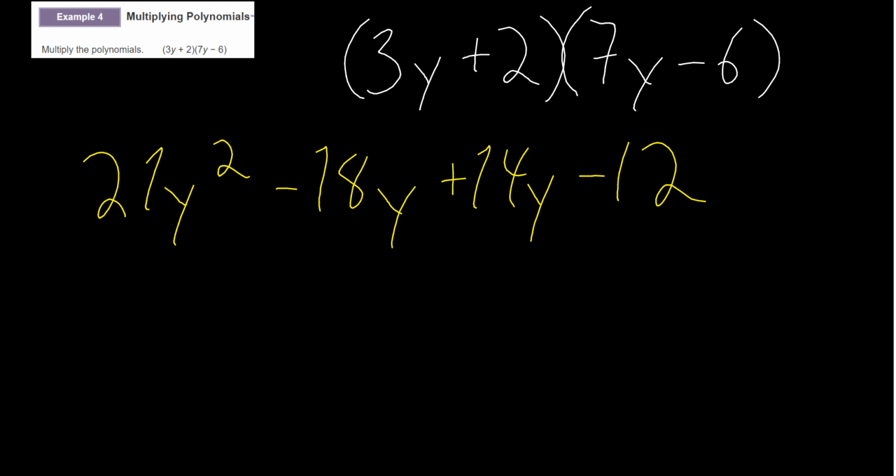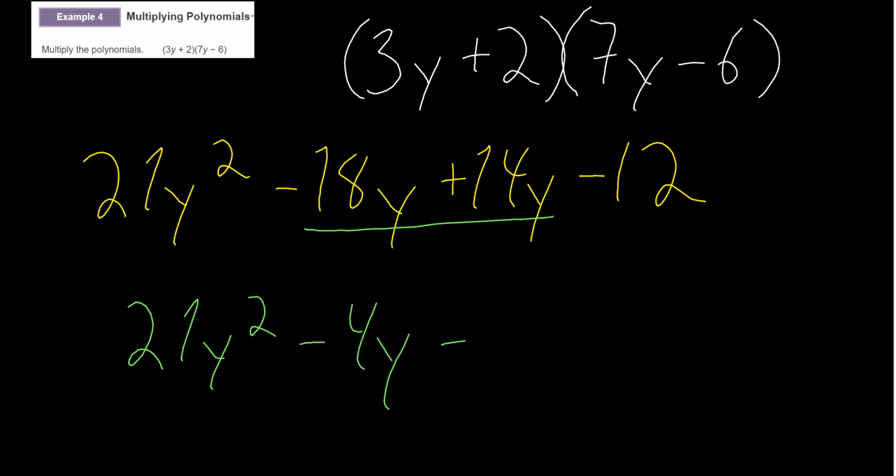So combining like terms, we see that these two are my like terms there, right? These two are my like terms, so I can say 21y squared. Negative 18y plus 14y is going to be a negative 4y minus 12. Okay, and that's multiplying polynomials using FOIL form.